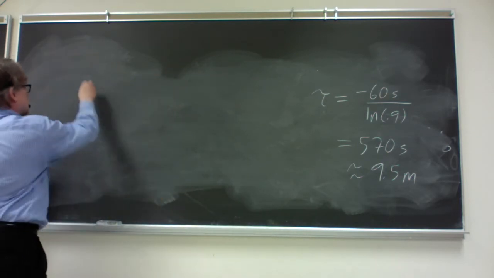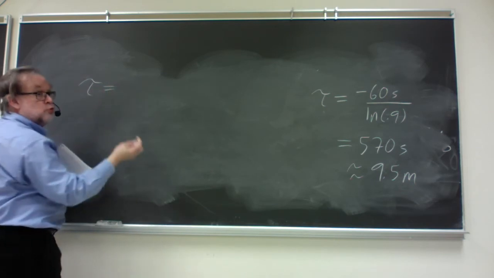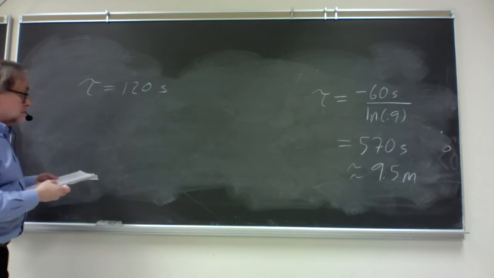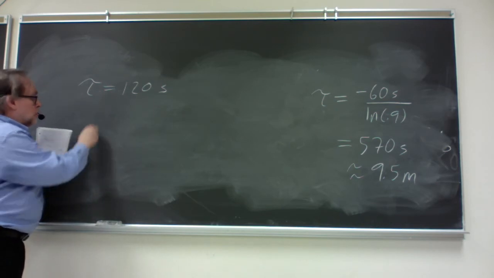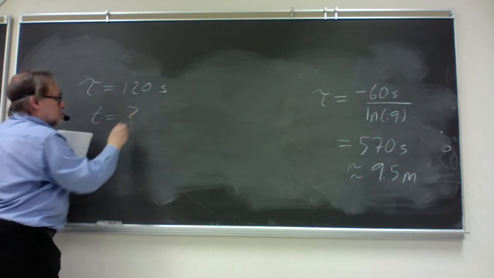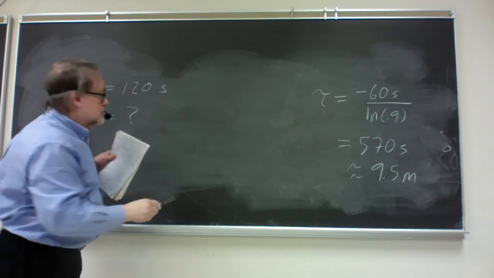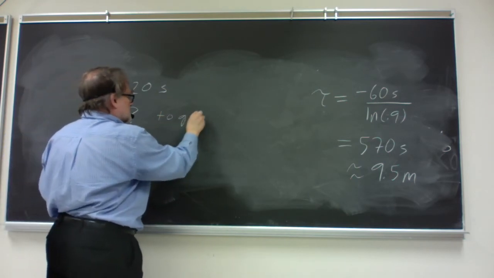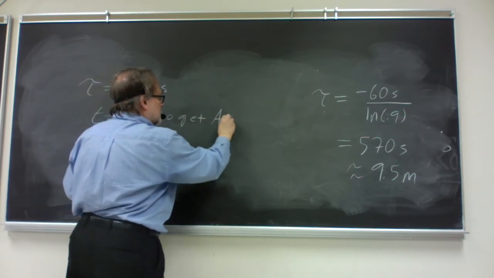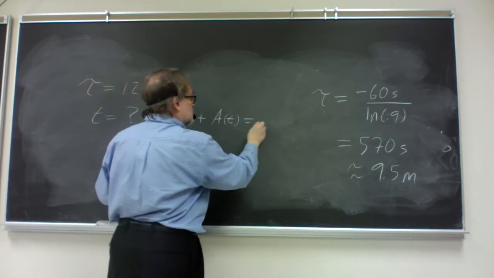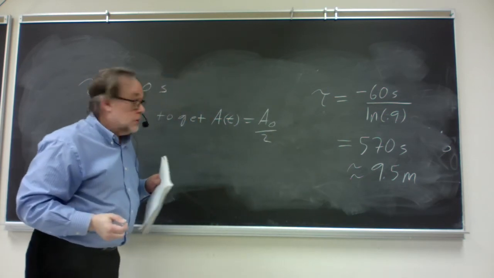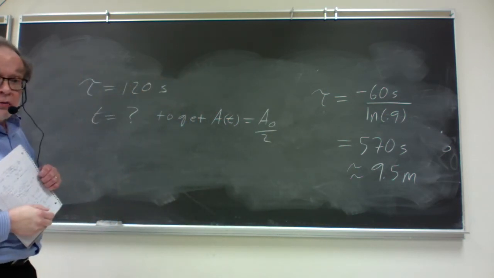So let's say in this case we know that tau is 2 minutes or 120 seconds, and we want to know how much time it takes to get the amplitude at that time equal to half of the original value.